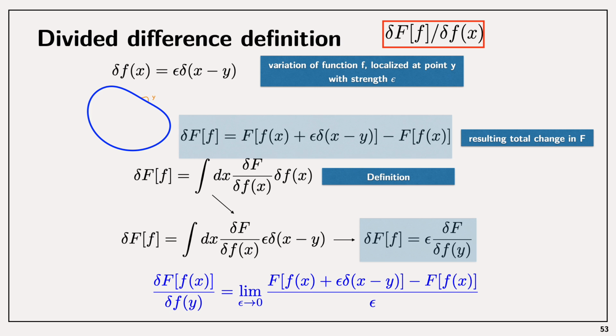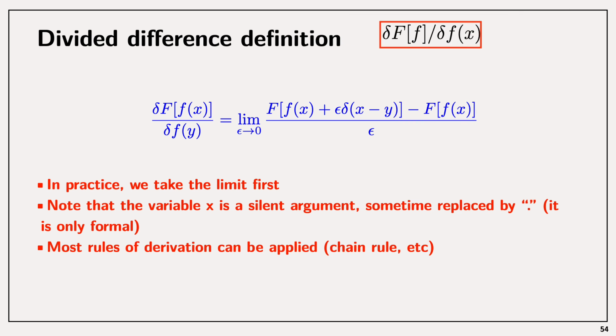Now you see this definition, and I'm going to reproduce it on the next slide. This definition is very much reminiscent of what you're used to in basic calculus of functions. But the difference now is that the variation in the argument, the first term on the numerator, actually involves a Dirac delta function.